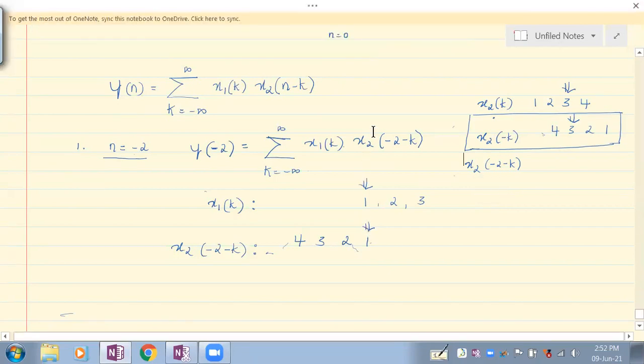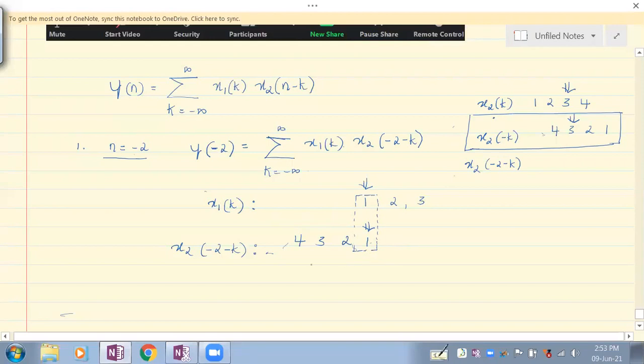Everybody understand that? Now we have to see how many samples are overlapping. This is one sequence, this is another sequence. Among these two sequences, only this sample is overlapping. How many overlapping samples are there? Only these two samples are overlapping.